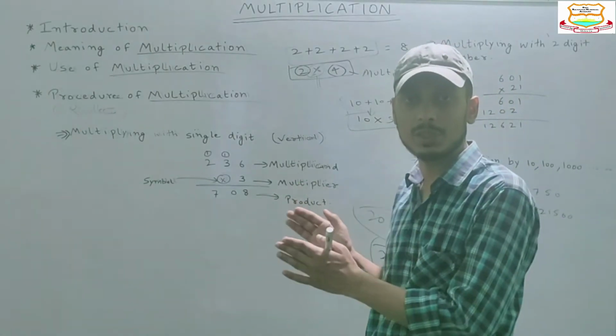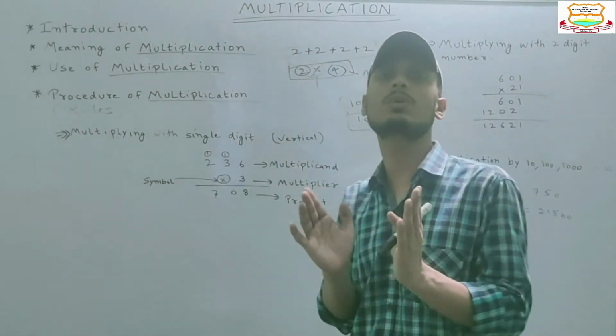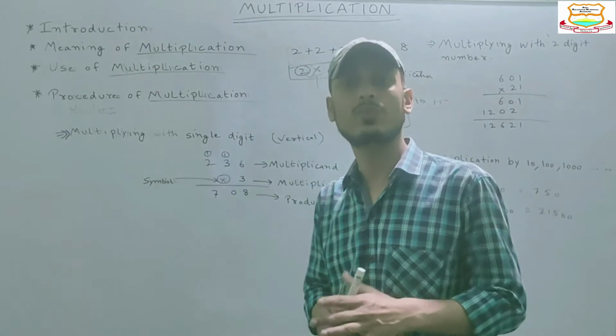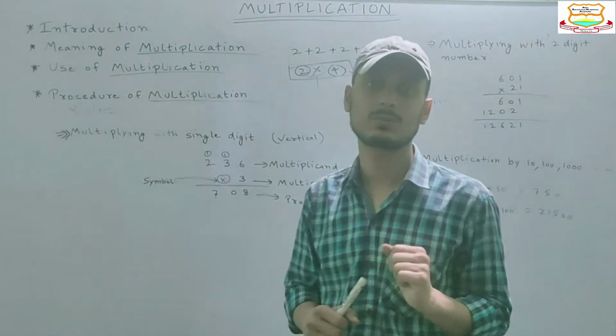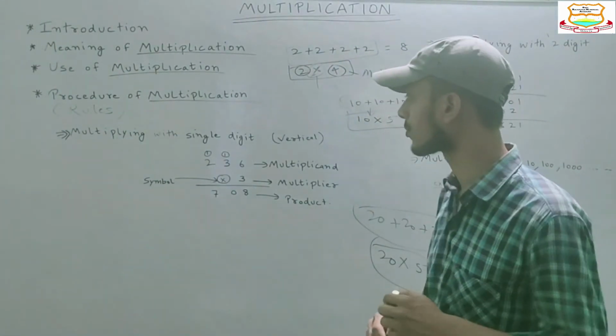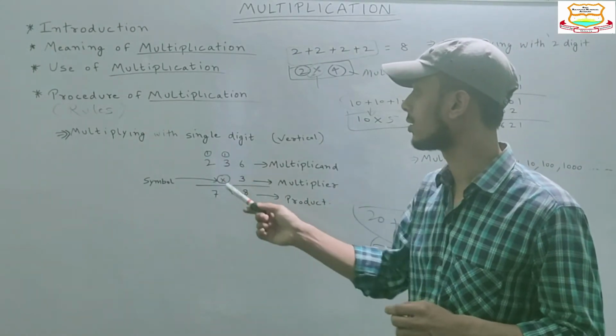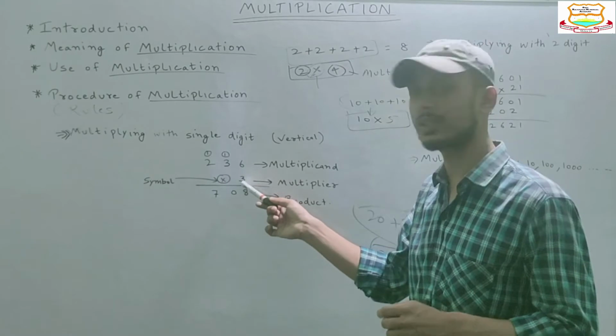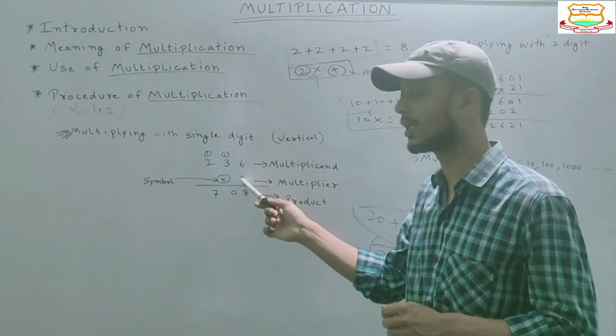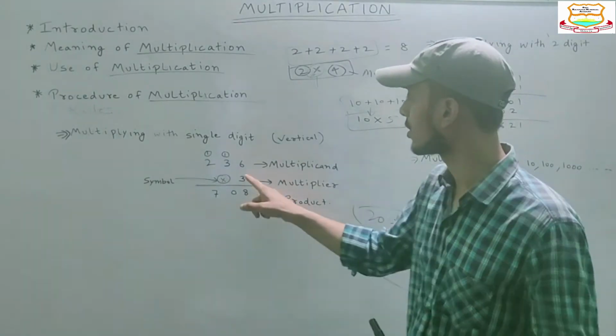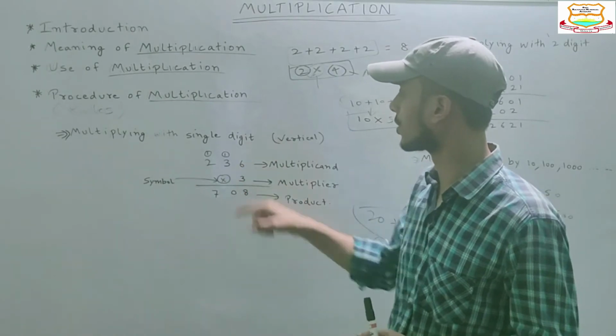In this topic, we will see how to multiply a number with a single digit. Got it? Okay. So I am taking the example of 236 multiplied by 3. 3 is a single digit number.